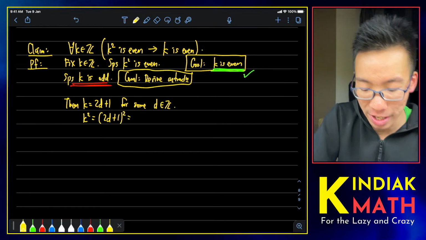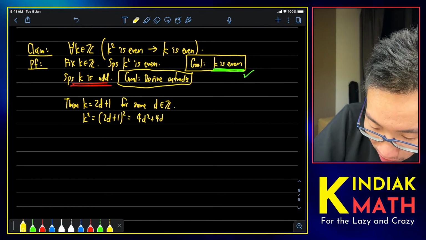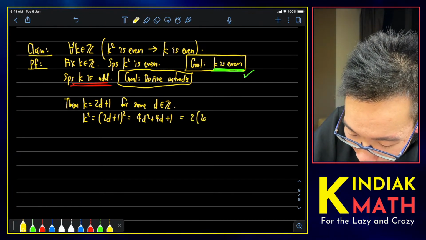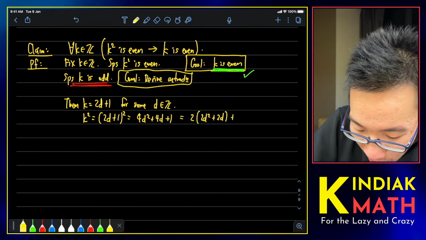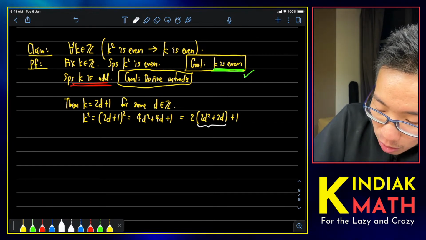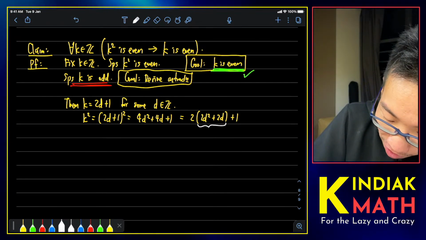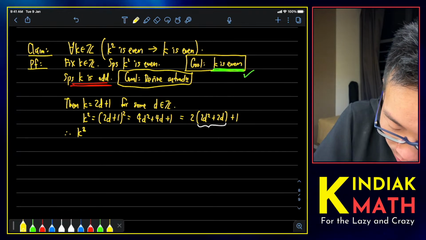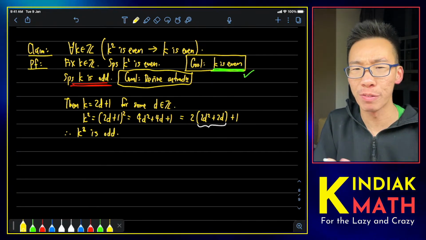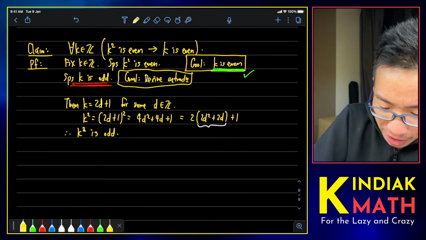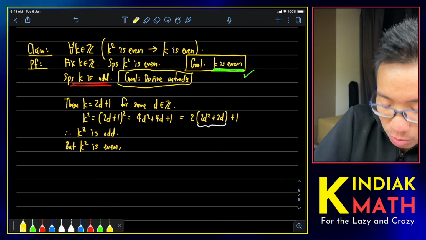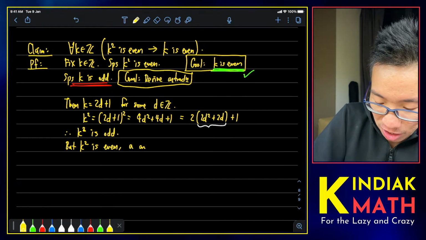We can do some algebra there, and a little bit more simplification. And here we have k squared being 2 times something plus 1. And therefore, k squared is odd. But we've already assumed from the get-go that k squared is even, which is not odd, a contradiction.